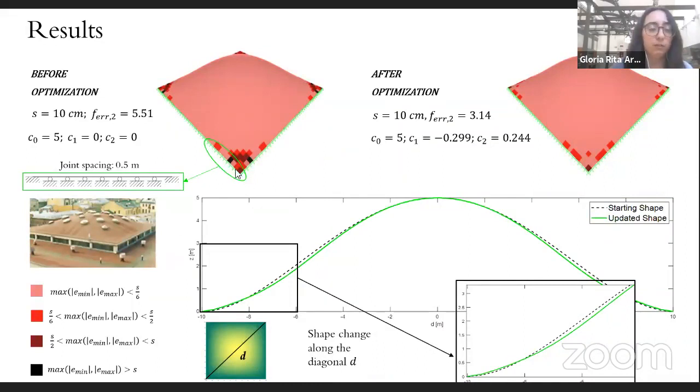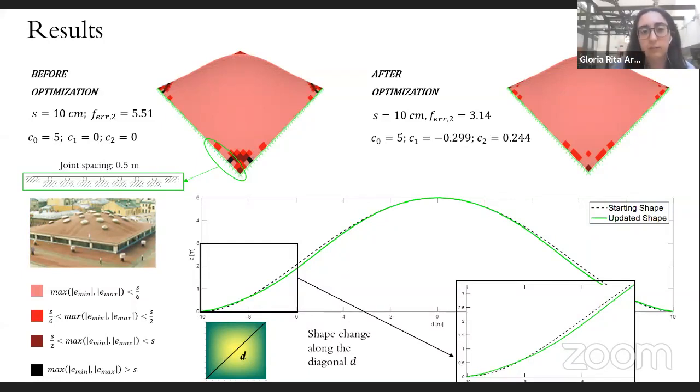So this is the eccentricity distribution of the initial shape, and the model that we used is a thin shell model, and so the structure has a thickness, so it is characterized by a bending stiffness.